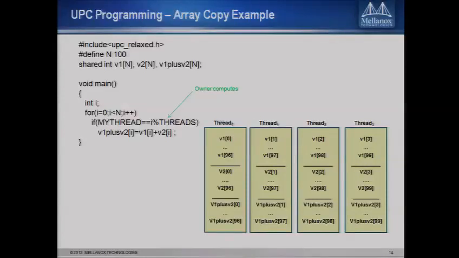Now I have a for loop, and I count from 0 up to the number of threads. And if my thread equals the iteration within the for loop modulo the number of threads, then I go ahead and execute this addition. So thread 0 is always going to execute array element 0, array element 4, array element 8, etc. So everyone's going to do 25 of these operations, and we're going to have the answer here in the V1 plus V2 variable.